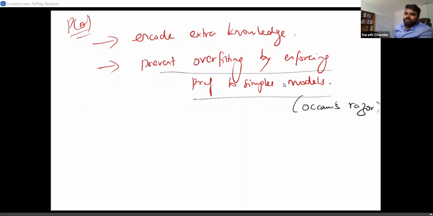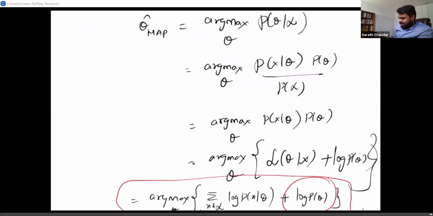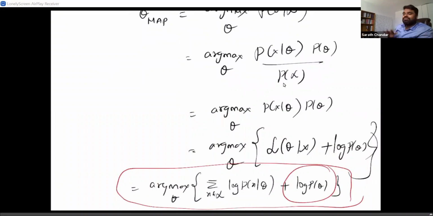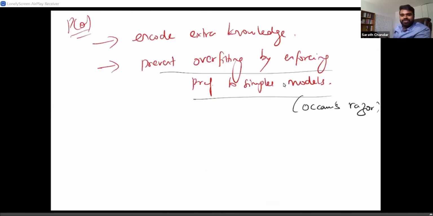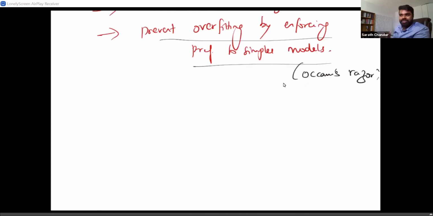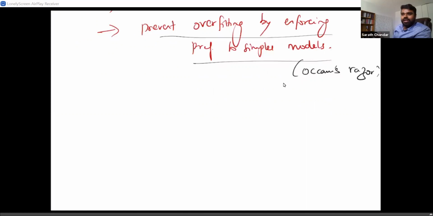Now, in fact, this equation looking very much like L2 regularization or L1 regularization is not a coincidence. In the next lecture, we will see that adding L1 or L2 regularization has a Bayesian interpretation, so just wait for one more lecture. But let's continue with MAP.